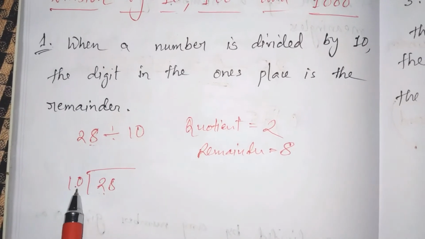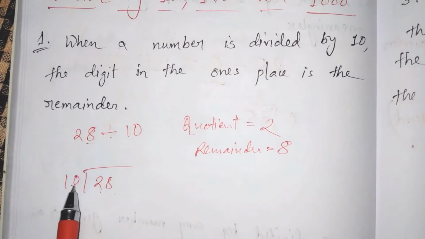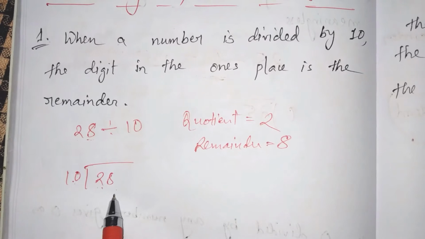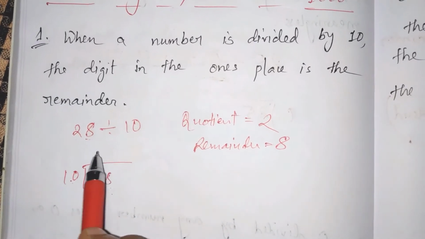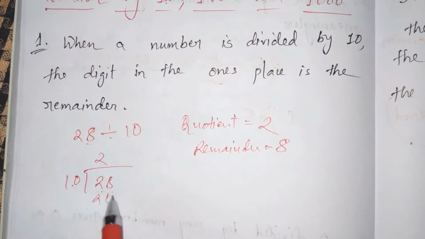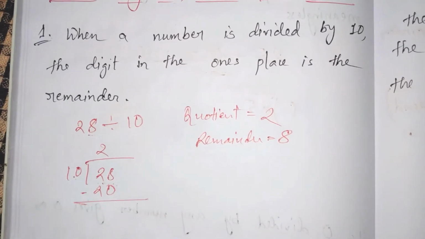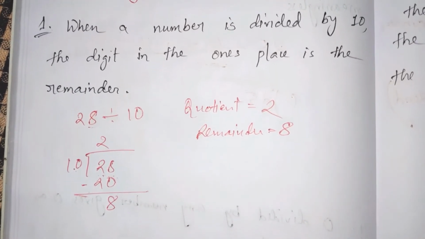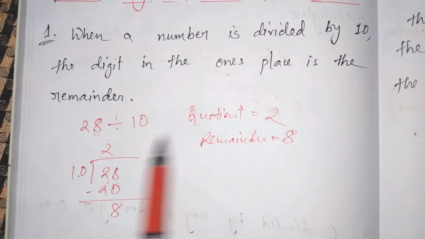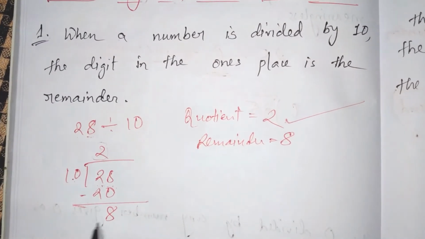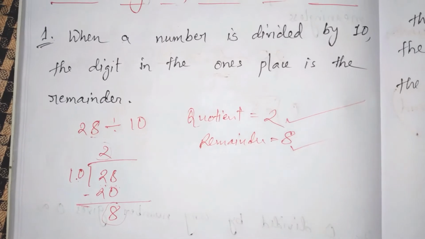Then 10 twos are 20. 10 threes are 30, which is more than 28. So I will take 10 twos are 20, then subtract 20 from 28. I will get 8 only. So here the quotient 2 is correct, and the remainder 8 is also correct.